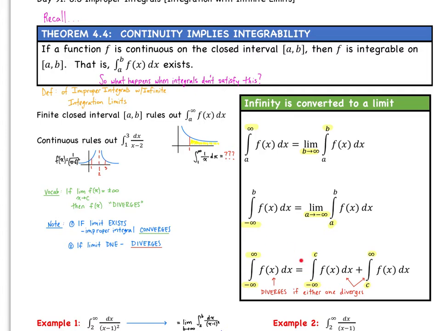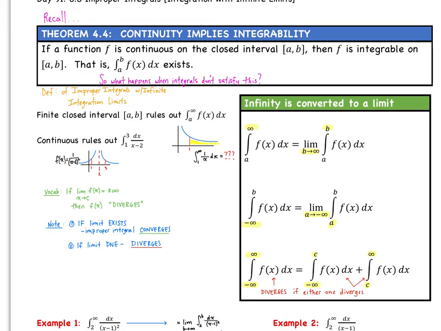The last piece is if we're going from negative infinity to infinity. We are going to break this up into two pieces. We would break up the first integral from negative infinity to c plus from c to infinity, and then we would set up our limits integrating those accordingly, either in this form first or this form second.